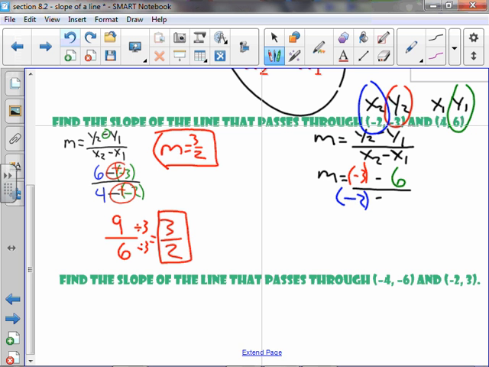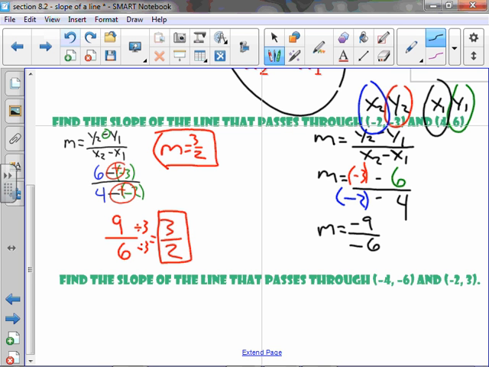And then finally, x1 is 4, so just minus 4. Now I'm just going to do my math. m equals, well, negative 3 take away 6 is negative 9, and negative 2 take away 4 is negative 6.